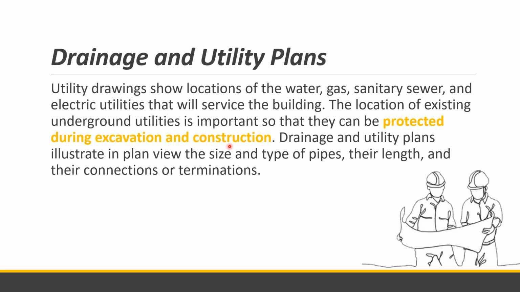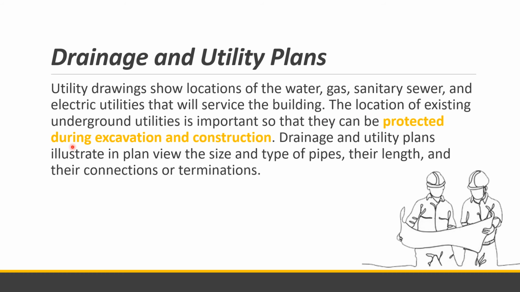So, drainage and utility plans. The utility drawing shows the location of the water, gas, sanitary sewer, and electric utilities that will service the building. This is particular to commercial buildings, for example malls and high-rise buildings. So we need to see the drainage and utility plans.